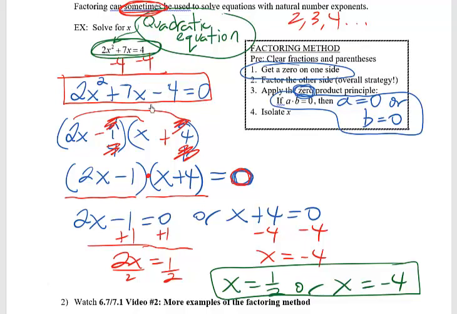If it's prime, then I can't factor it, and if I can't factor, there's no way I can use the factoring method. That doesn't mean we give up. It just means we're going to need to learn some other methods. And later on in Chapter 7, we will be learning how to solve these kind of equations when the factoring method doesn't work.